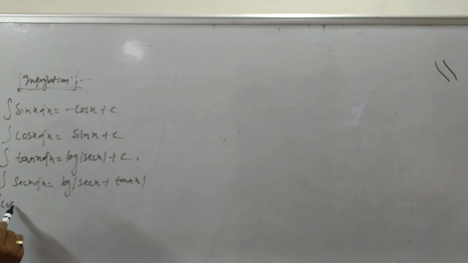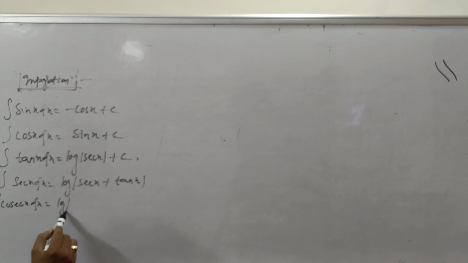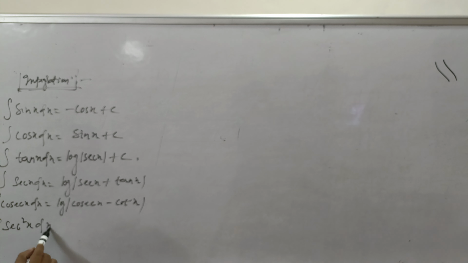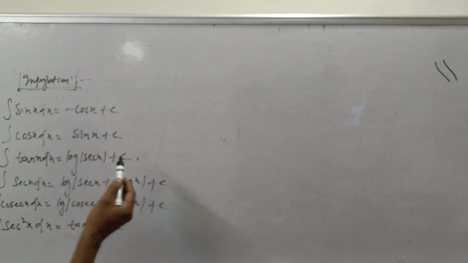Integration of cosec x dx is log of cosec x minus cot x. Then we have integration of sec square x dx will be tan x. This c is the constant which we need to add to all those integrals.